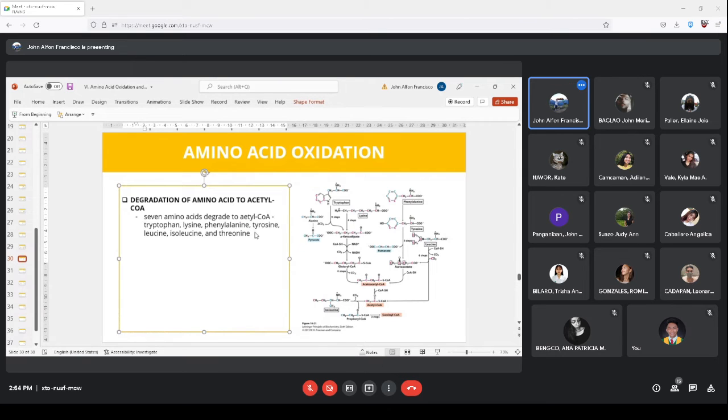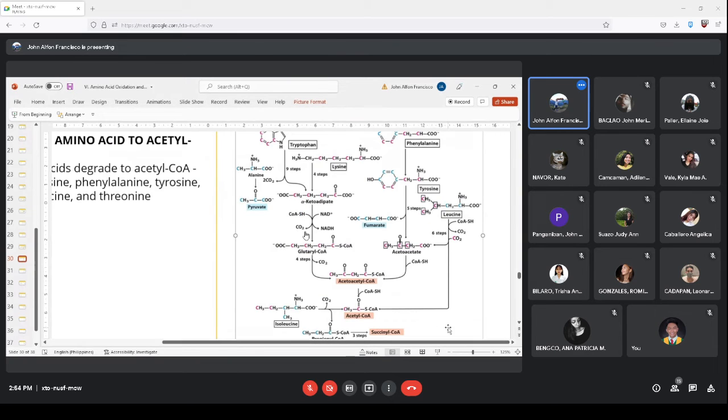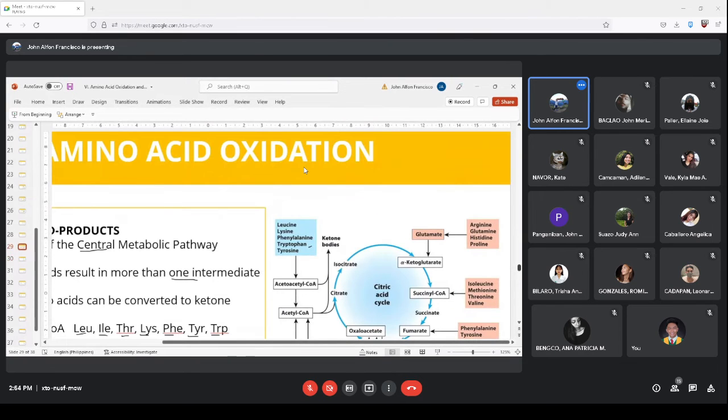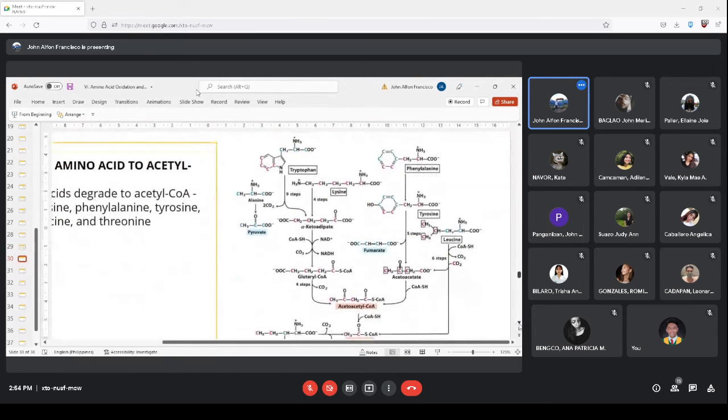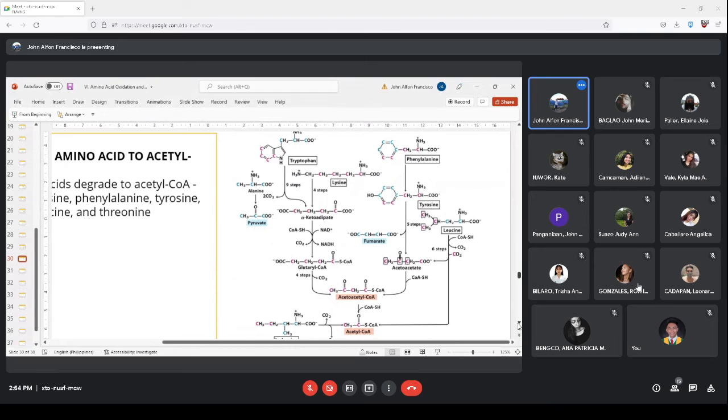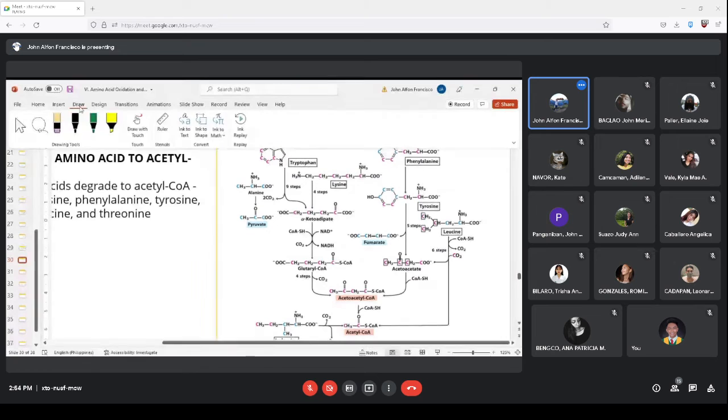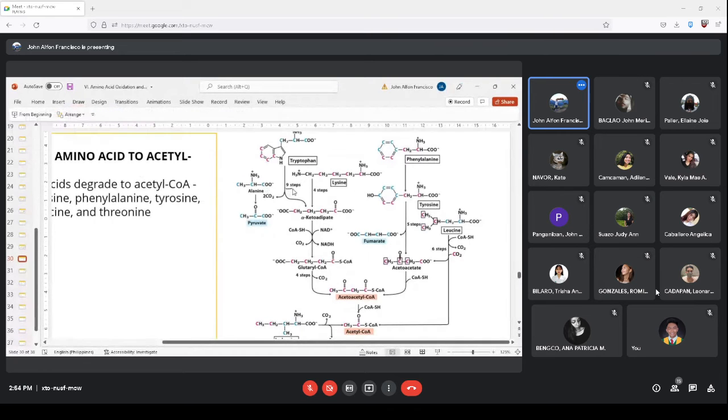This is not a too detailed information for the conversion of your amino acids to different precursors, since meron dito yung mga shortcut. Meron dito 9 steps which we will not discuss pa.